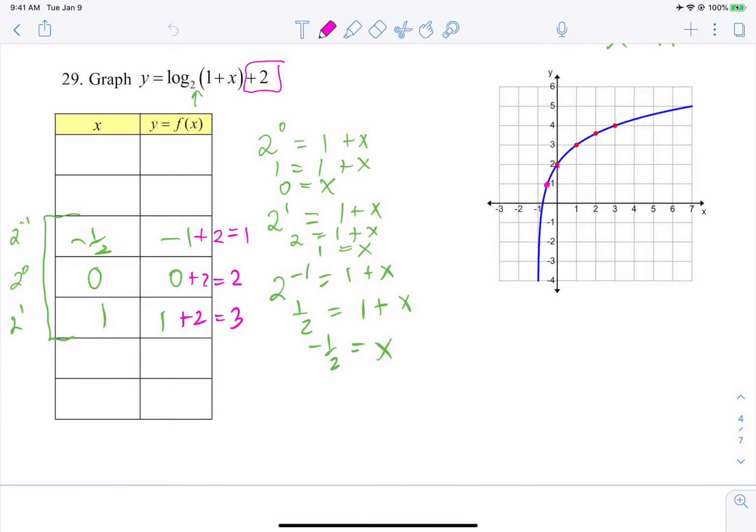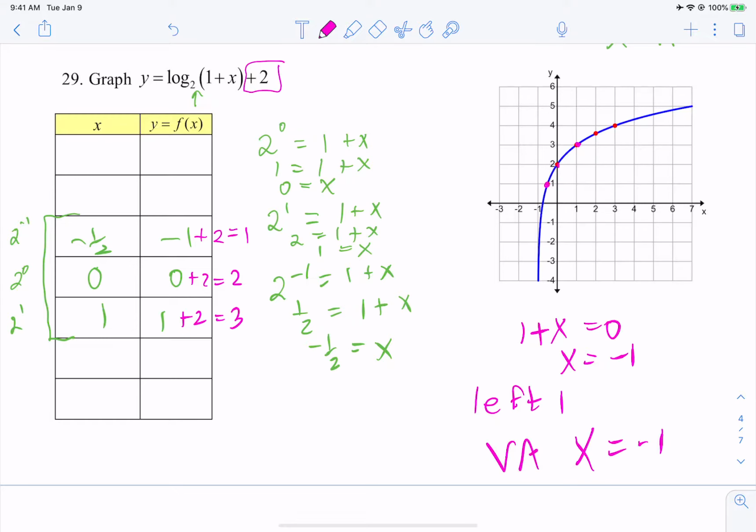Let's analyze what happened to this graph. The 1 plus x equals 0 at negative 1, so it shifted the whole graph to the left one. Remember when I was talking about the vertical asymptote, this particular graph has a vertical asymptote at negative 1.